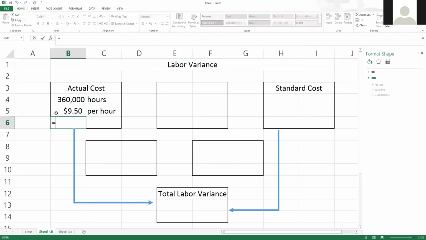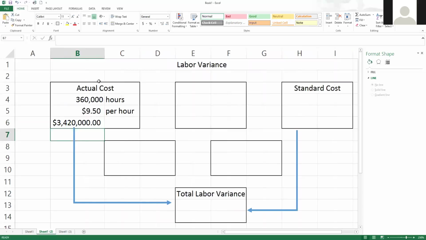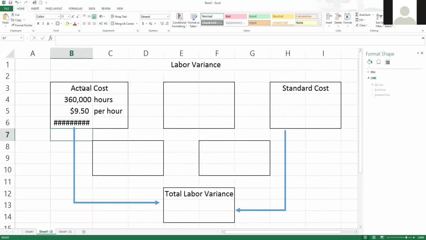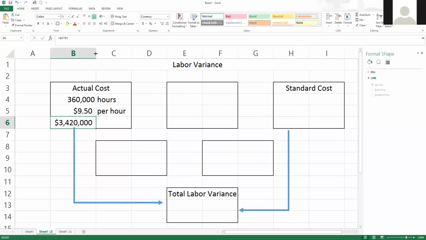So I have enough information to know what we spent. And of course, like everything else, things don't fit like I want them to. There we go. So our labor cost that we actually incurred was 3.4 million.